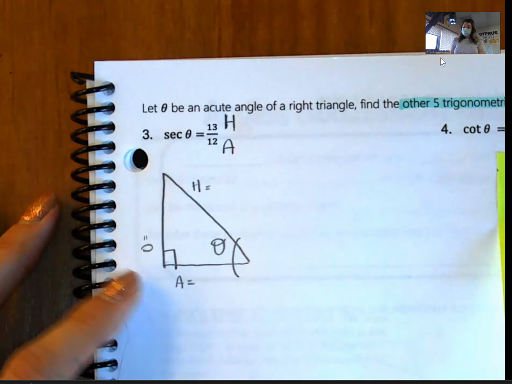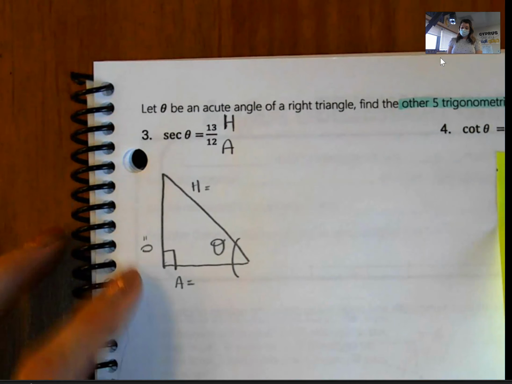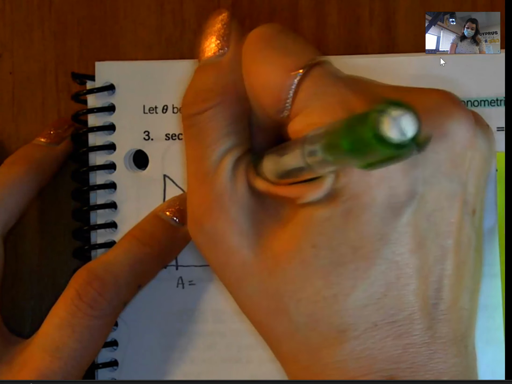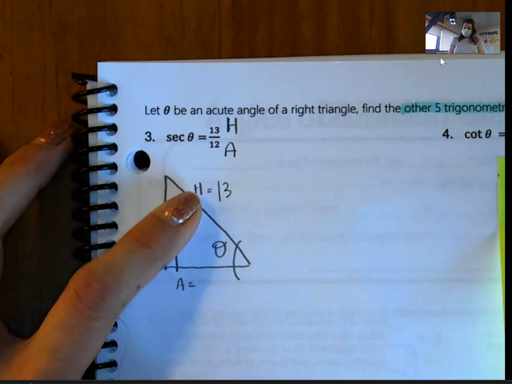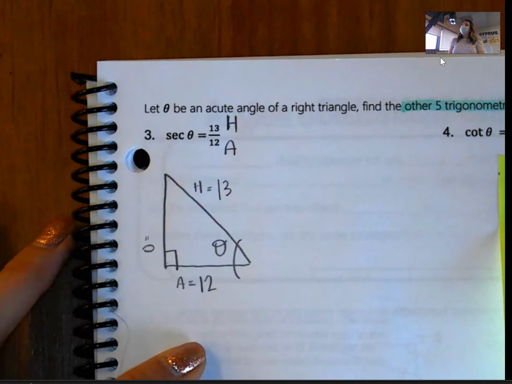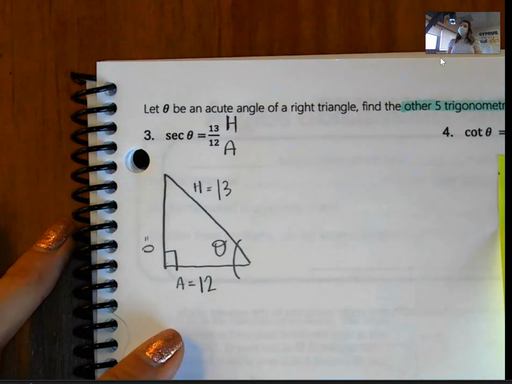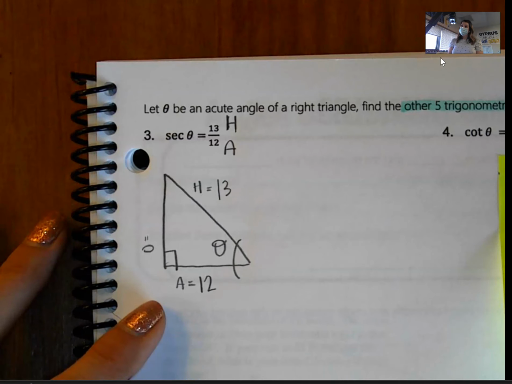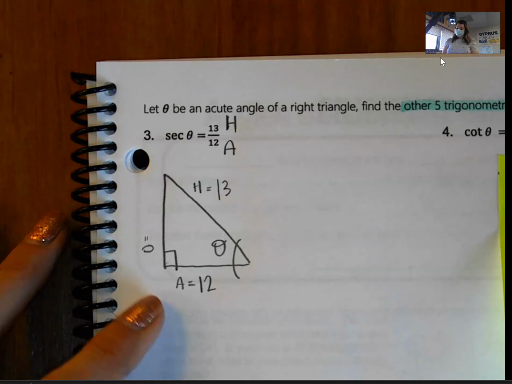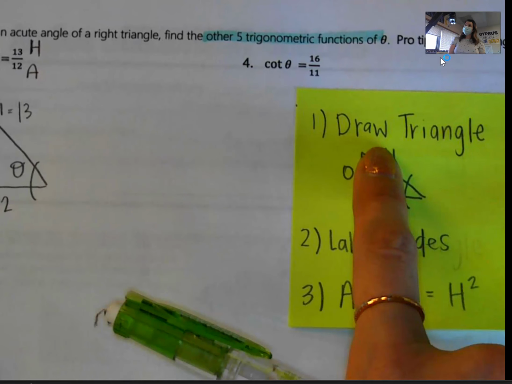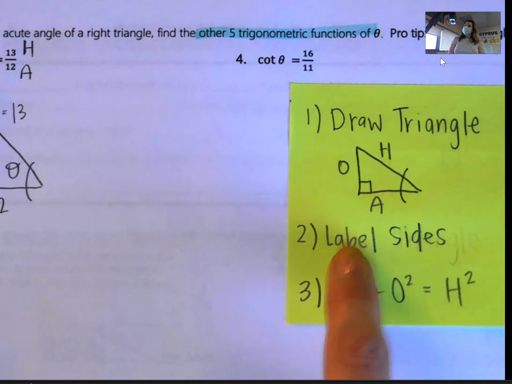What does that tell me? It tells me what I can fill in. So h is 13, a is 12. I'm going to find o. So I did step 1, draw my triangle. Step 2, label my sides.